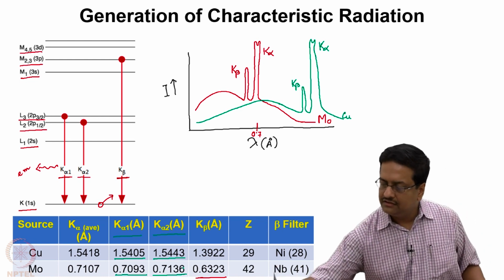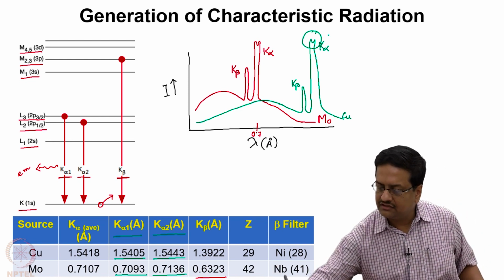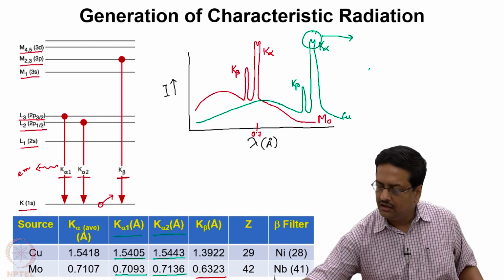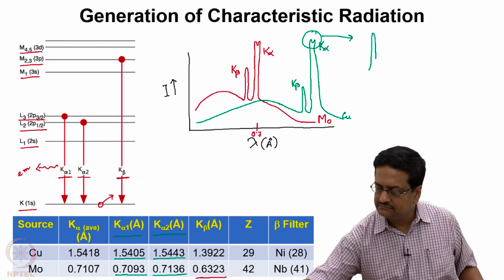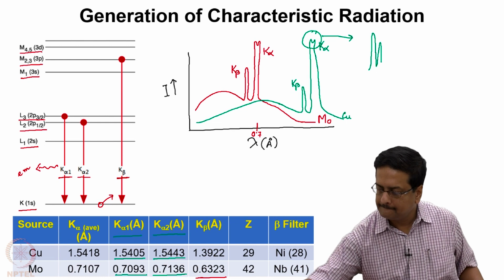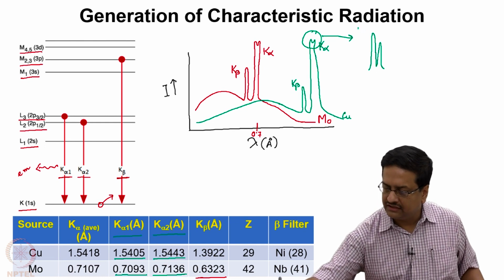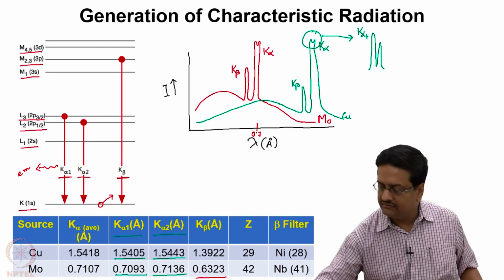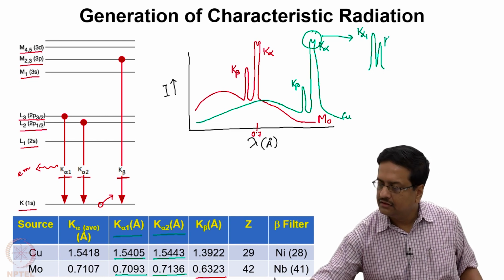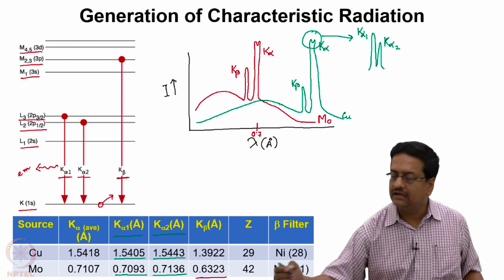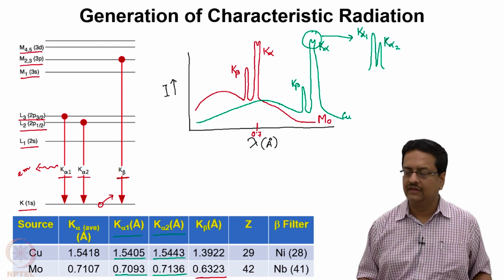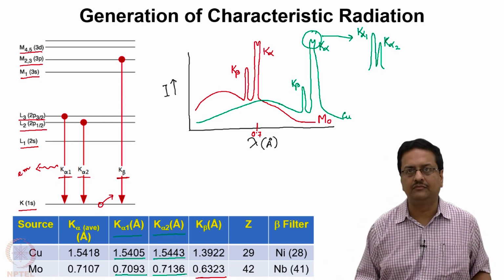So what we see, the expanded version of this tip is like this. This one is K alpha 1 at a lower wavelength and K alpha 2 at a slightly higher wavelength in both cases, copper and molybdenum.